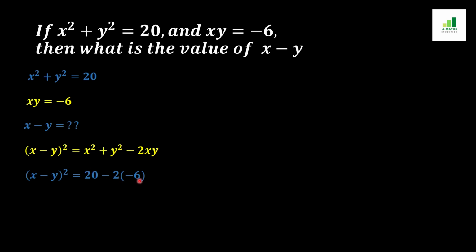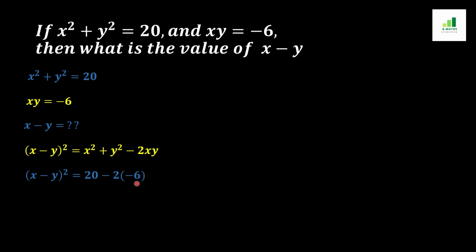How? Because the value of x square plus y square from the data is 20, so I insert here the value 20 in place of x square plus y square. Minus 2 is the same as in the formula, and I replace xy with minus 6.